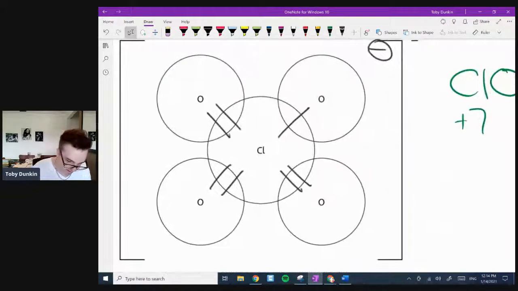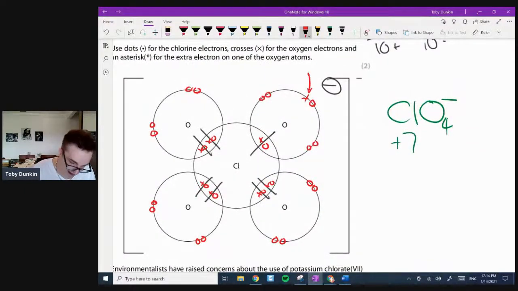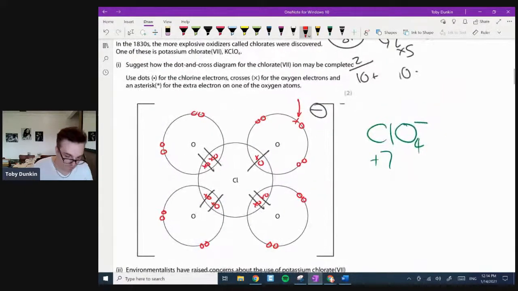Add on the electrons. 1, 2, 1, 2, 1, 2, 1, 2, 1, 2, 1, 2, 1, and there's the extra. Yeah, that's why it's fully minus. Got to be careful with oxygens not to add too many electrons. It's easy to do that. There we go. We're done. And that electron there is what makes it negative, and they got that from the potassium.